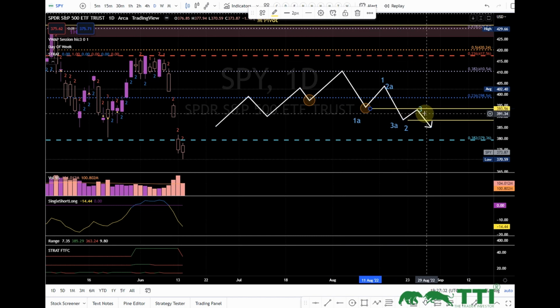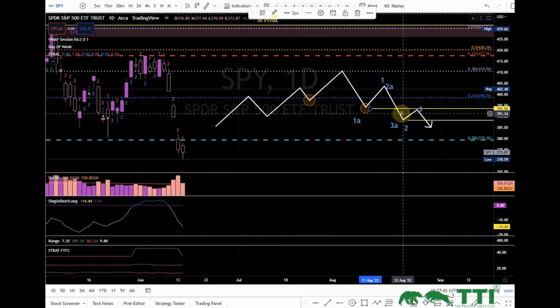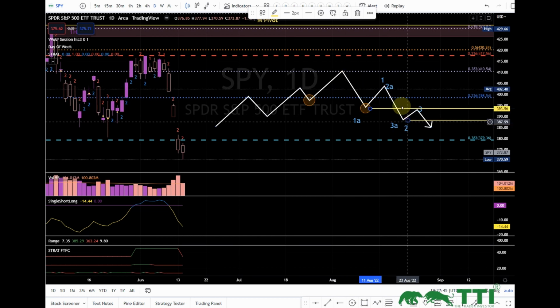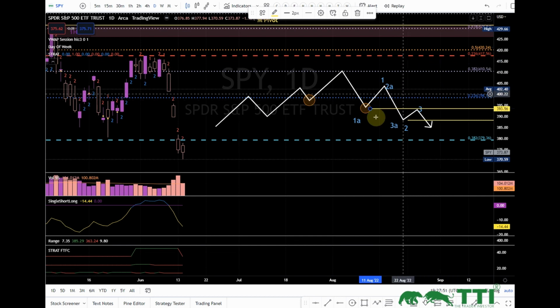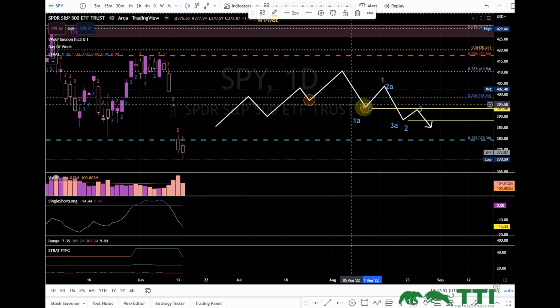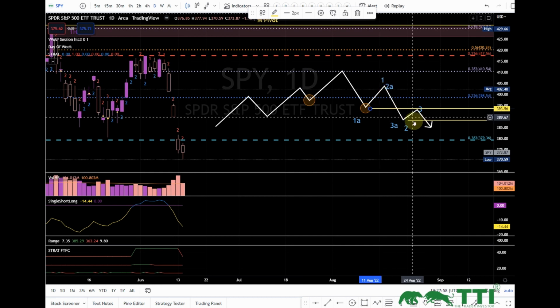The way I am doing it is I just want confirmation that this is not a fake. Sometimes they trap retailers. They make you think, oh, we've broken the structure, we want you in, just to immediately reverse it. So for that purpose, I am more comfortable. After I see the opposite, the lower low, I keep the 1 here and I enter down here.